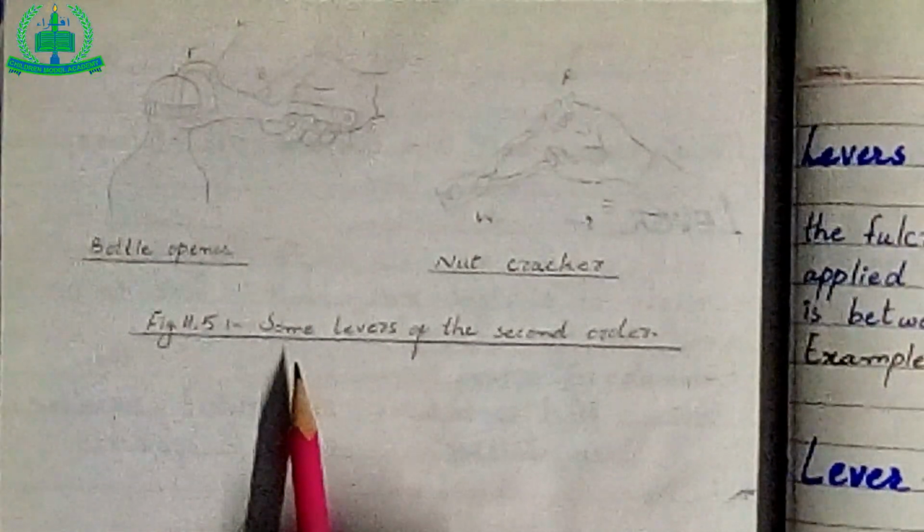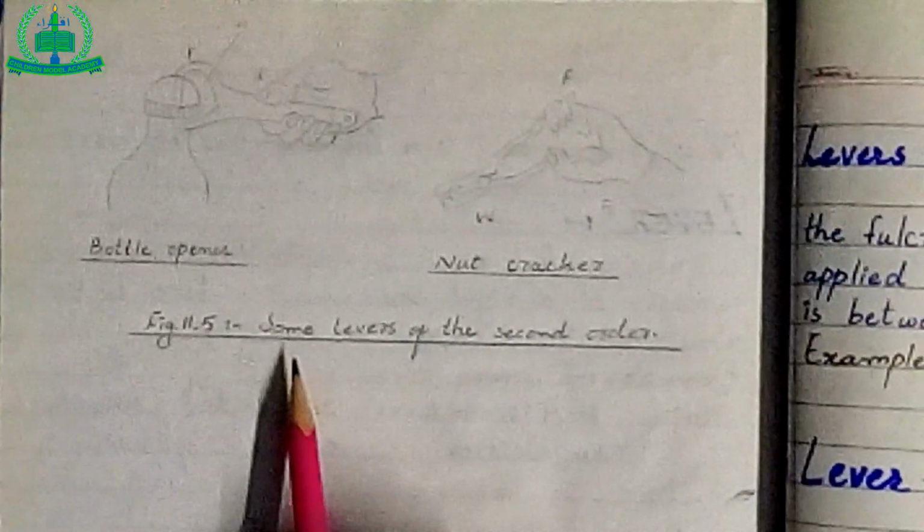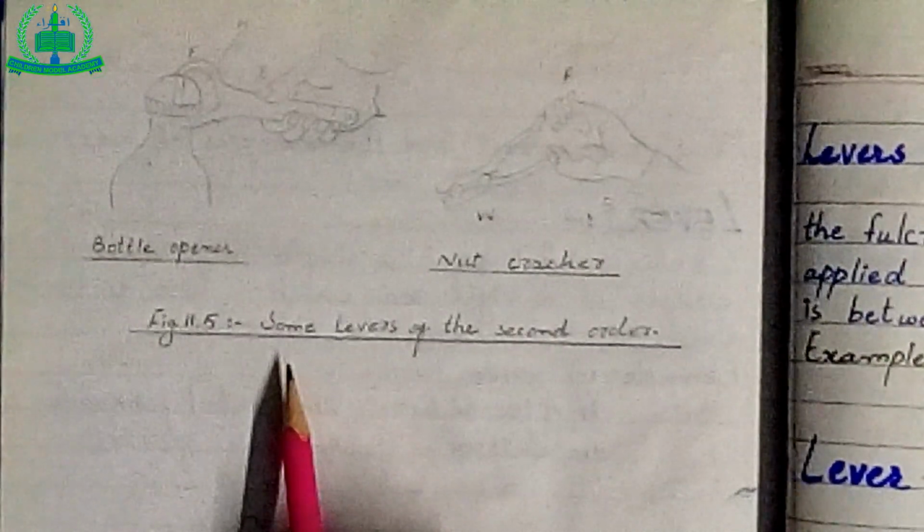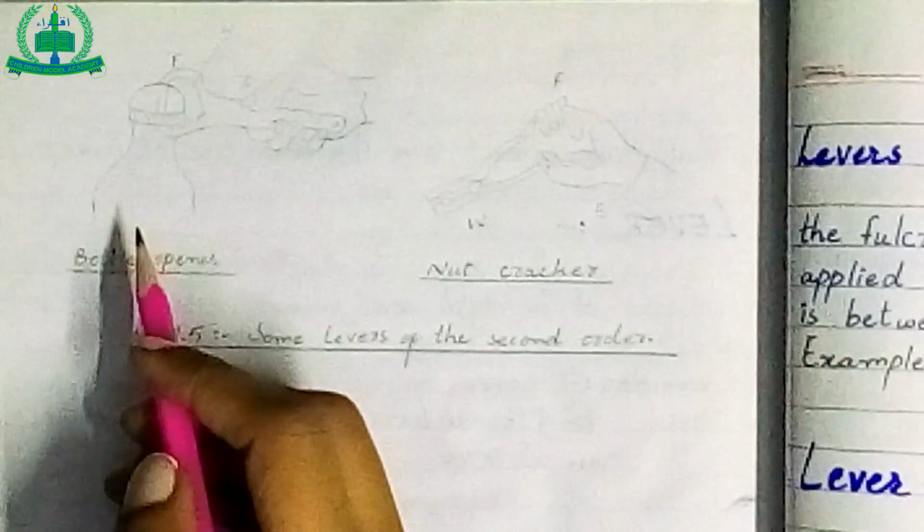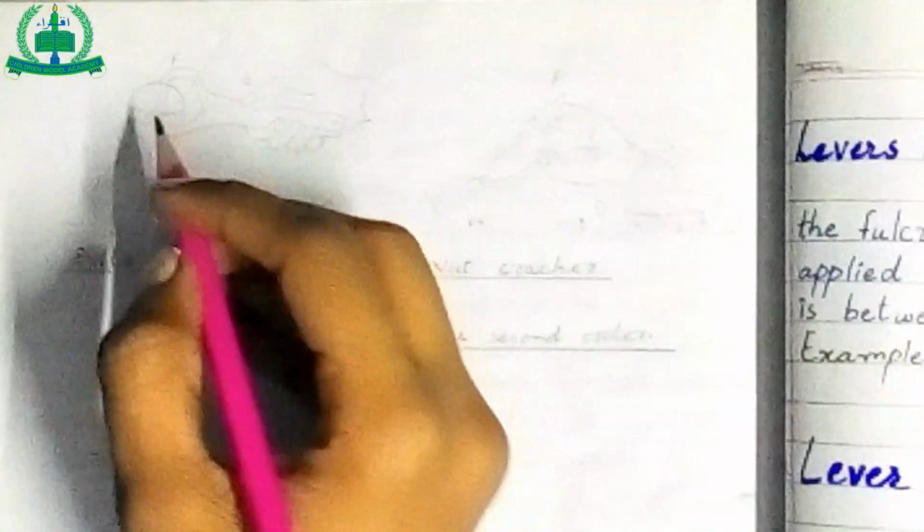Now students, we are going to draw a diagram in front of lever of the second order. Then draw bottle opener.